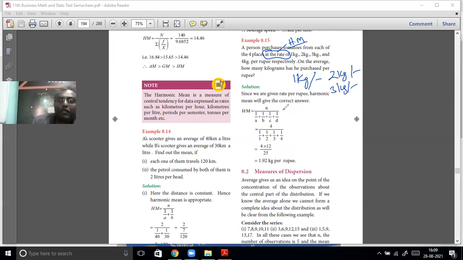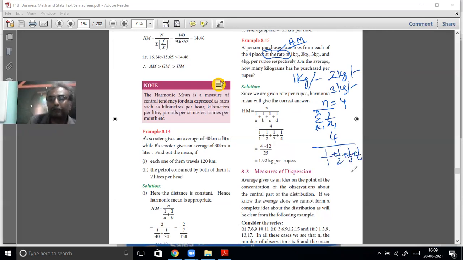Here you use the simple formula n divided by sigma 1 by x of i, i equal to 1 to n. So n is equal to 4 here. Therefore 4 divided by 1 by 1 plus 1 by 2 plus 1 by 3 plus 1 by 4.